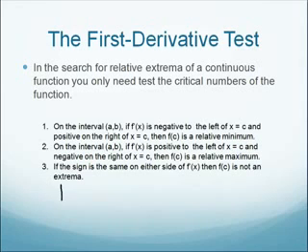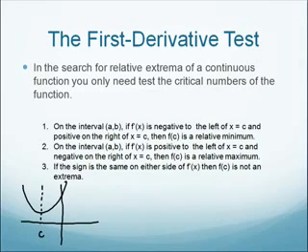So for example, let's say this right here is our c. When we do the first derivative and we plug in values and we get a negative number, that means it's negative to the left of c, so negative slopes of tangent lines here.